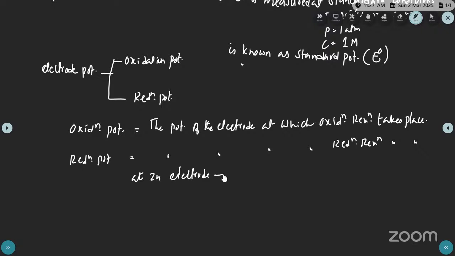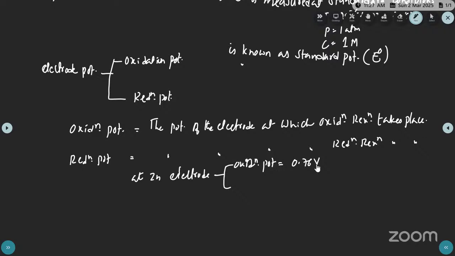So at zinc, which potential is present? Oxidation potential is present, and that is 0.76 volts.